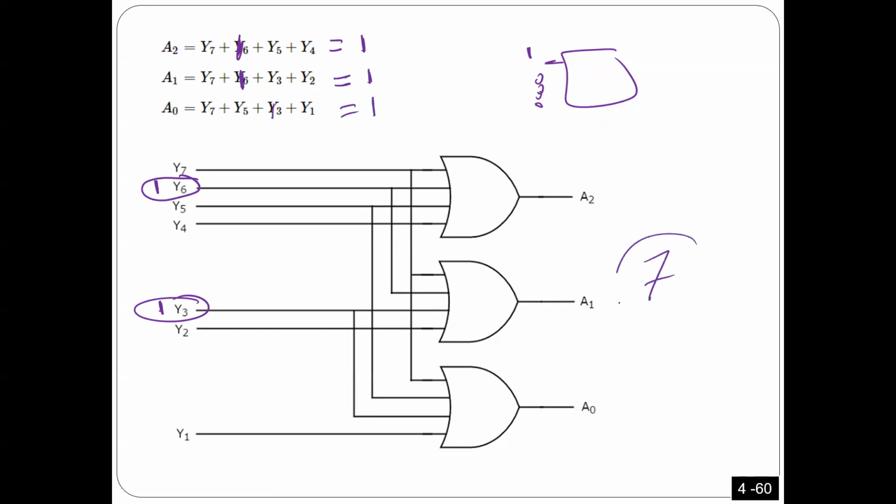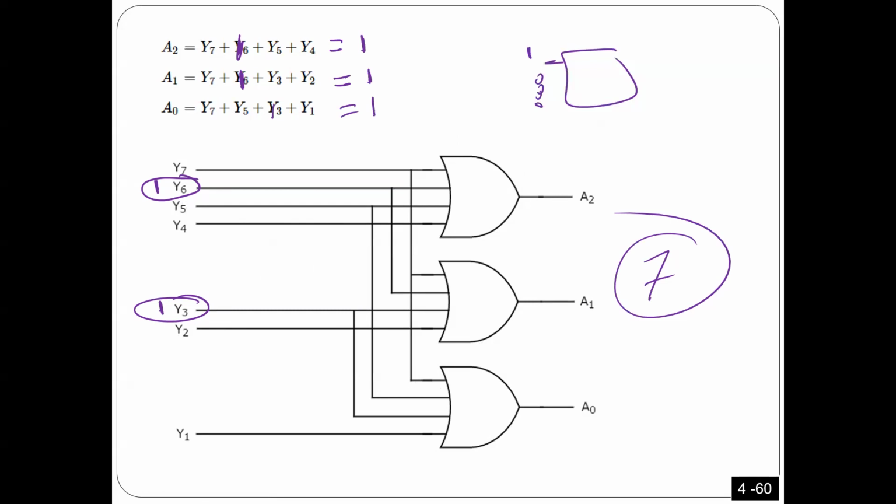That means I'm going to get number 7. If you want to use this design correctly, it's not allowed to make more than one input 1. But if you do, for example, the input is 3 and the input is 6, I'm going to get something random. It's not 3, it's not 6. I get something different.